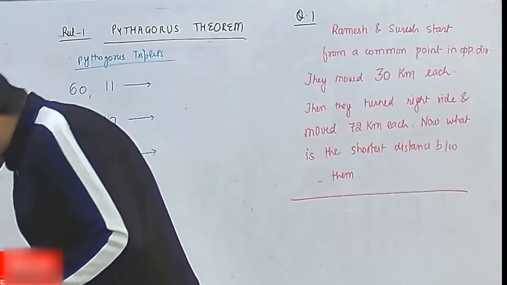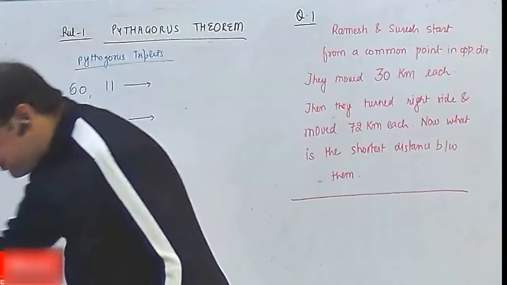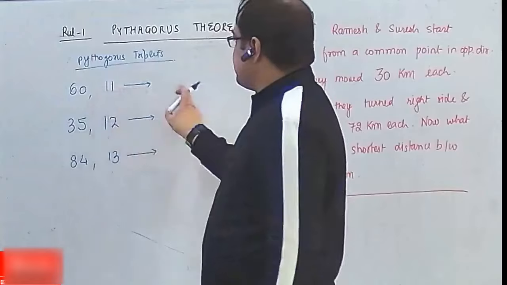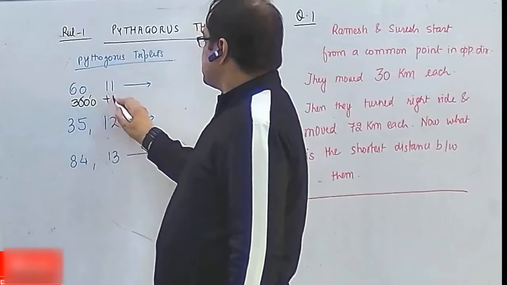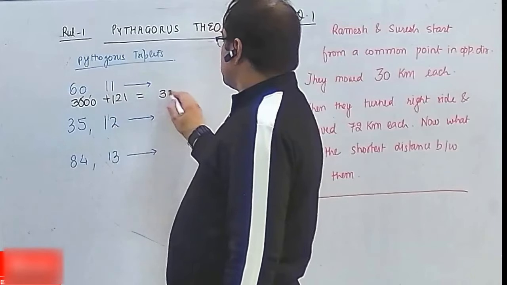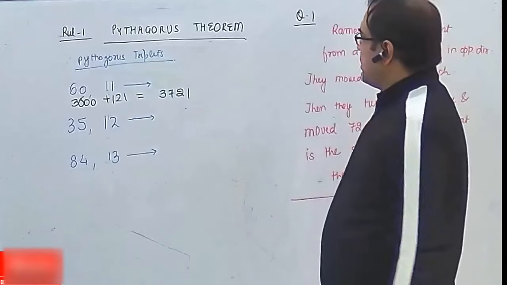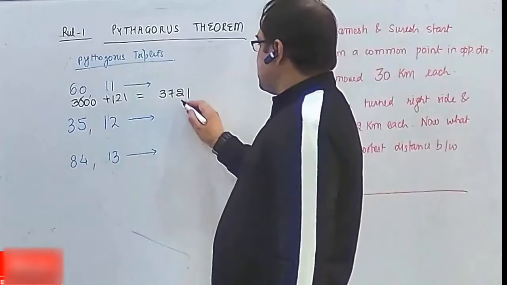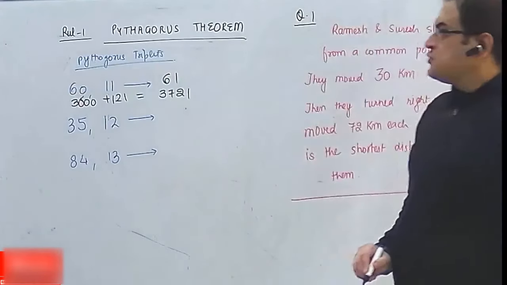Okay, students. So 60 and 11. There are a few answers given here. Jyoti, you said 60 and 11 gives 61. Let's see how. 3600 plus 121 comes out to be 3721, and 3721 is basically the square of 61.